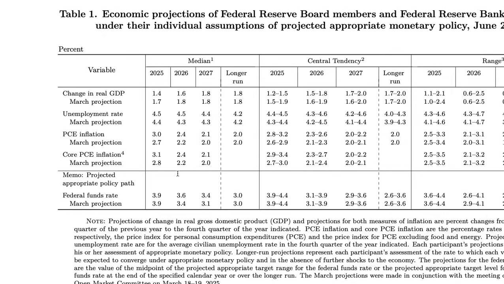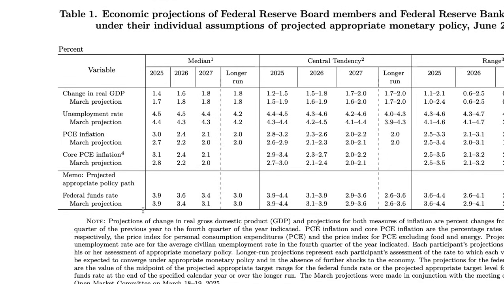PCE inflation, they also raised, right? So back in March, the last time we got a SEP, they had forecast 2.7% for PCE inflation. Well, that has been raised to 3%. And for 26, they had seen 2.2, and now they see 2.4. Hopefully this makes sense as I go through it.